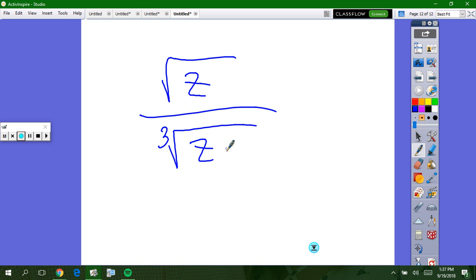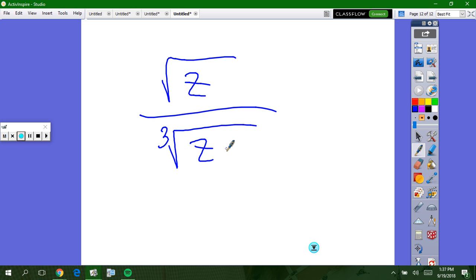Okay, what's our problem here? If I had this to be both underneath the square root and a square root, can I simplify underneath both of the square root? I can, but this is not a square root. That's a square root. This is a cube root. So can I just get rid of the z? No. So the first thing I would do is get it as a power. Okay?